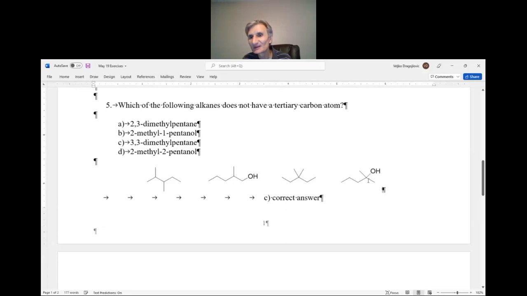And finally, D, 2-methyl-2-pentanol. This carbon atom bonded to oxygen is bonded to 1, 2, 3 carbons. So that's tertiary. This tertiary carbon atom also classifies this alcohol as a tertiary alcohol. The question could have been, in terms of alcohols, which one is, let's say, a tertiary alcohol? This one is a tertiary alcohol, because the carbon atom bonded to oxygen is tertiary. This one is a primary alcohol, because the carbon atom bonded to oxygen is primary.